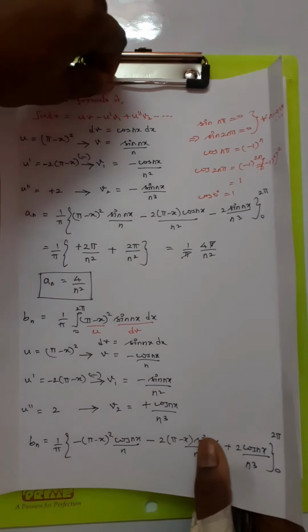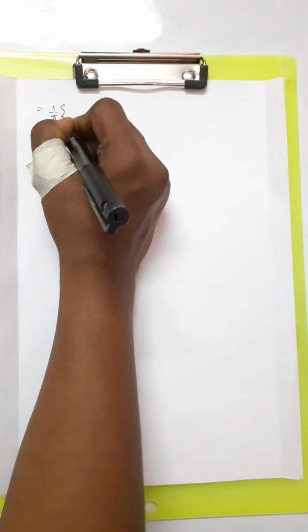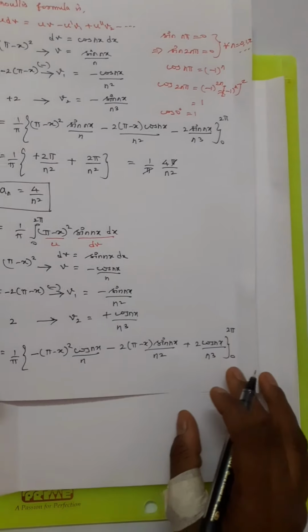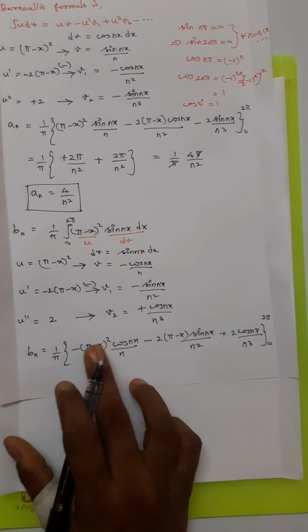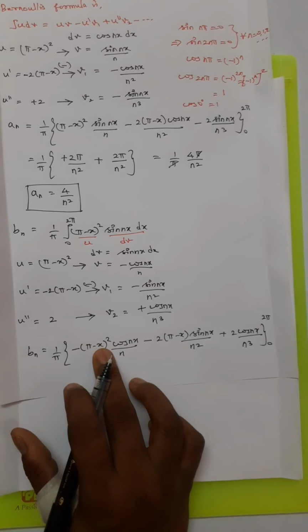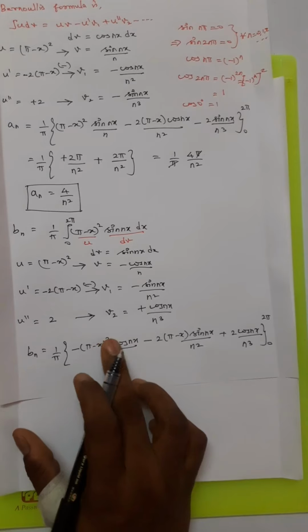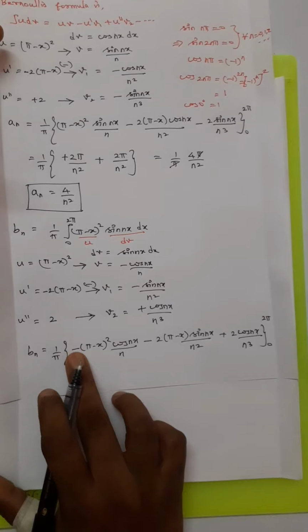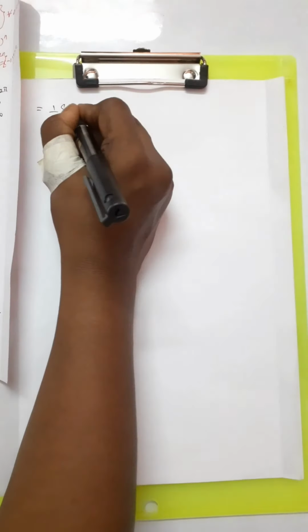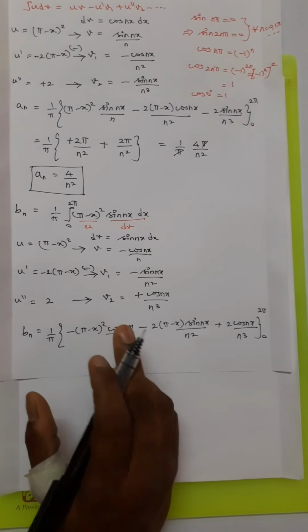Now raising the limits, which is equal to 1 by pi, raising upper limit 2 pi to this term, right? So pi minus 2 pi is minus pi the whole square. Minus pi the whole square is plus pi square, whereas we have a minus here. This minus comes as it is. So minus pi minus 2 pi is minus pi the whole square is pi square.